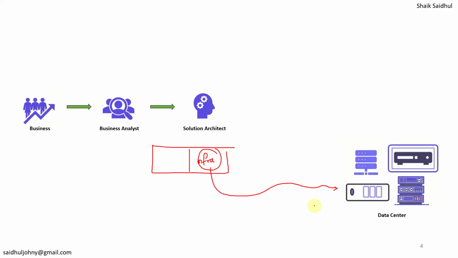What do we have to do? Assume that 5 infrastructure items are required, but out of 5 only 3 are available. For example, 2 servers or 2 databases are not available in the data center. What do we have to do at this point of time? What will the company do?